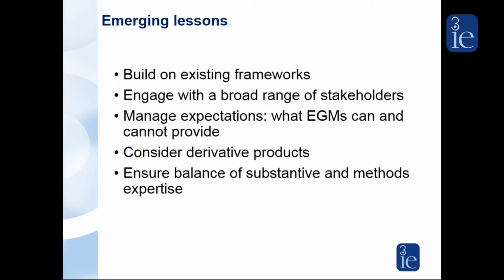And finally, it's important to have a balance. However the evidence gap map is conducted and whoever is doing it, it's important to ensure that there is a balance within the team of people with substantive expertise, which can be from policy or implementation involvement or research background, and to have a balance with methods expertise.